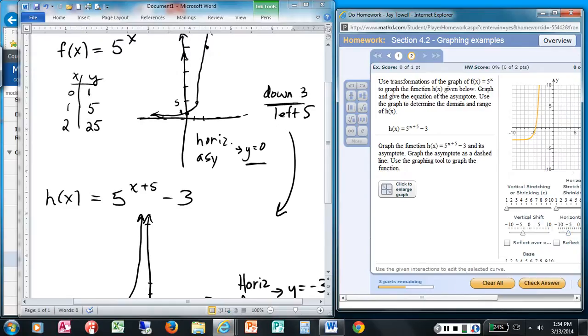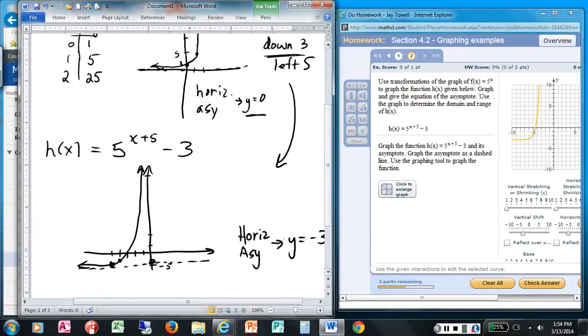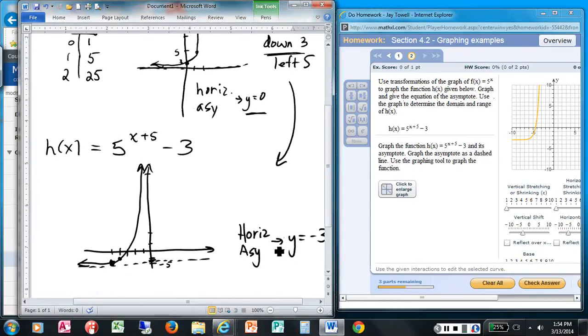All right. Now also on this too, it wants me to graph the equation, graph the function, and graph the asymptote. And so we've also got to graph our new asymptote here, which we said was down 3, so it'll be at negative 3.